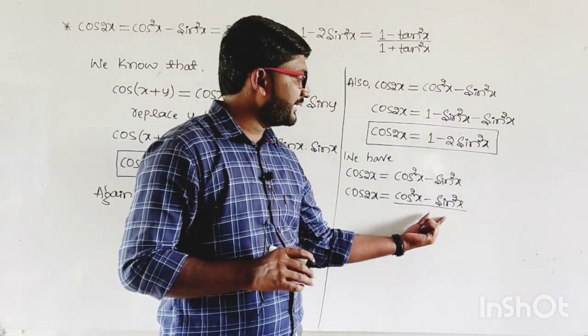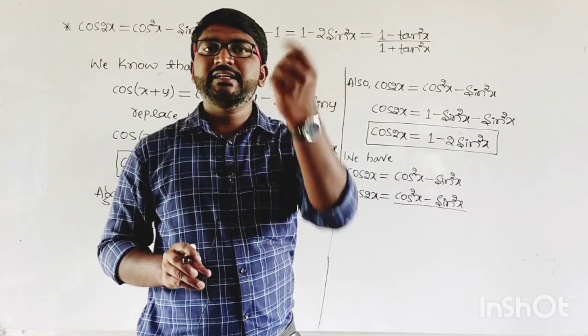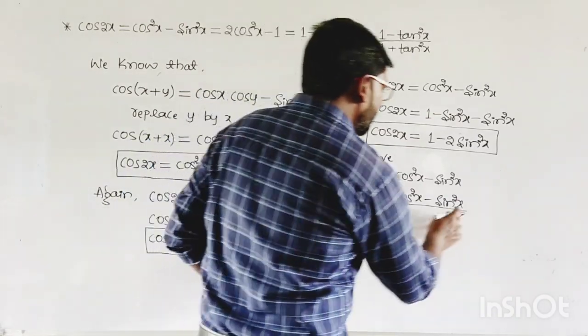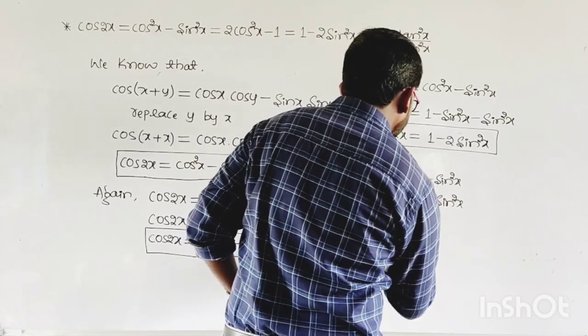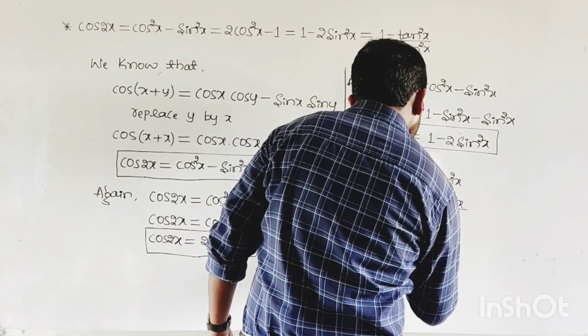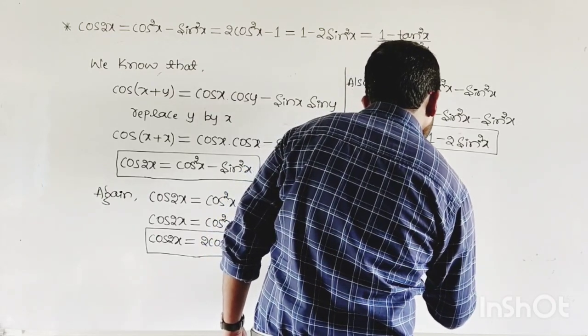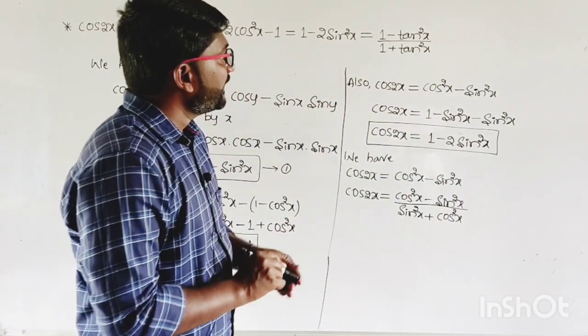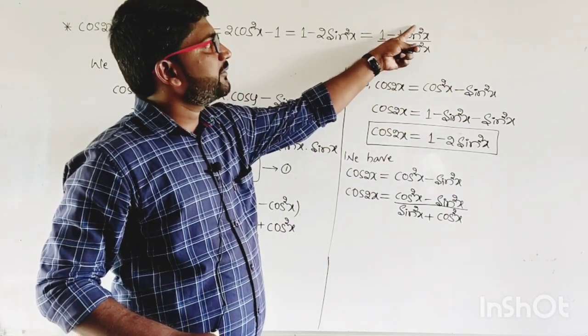That 1 we can write as sin square x plus cos square x. So in place of 1 I am going to write sin square x plus cos square x. Now see here, now here we want 1 and here we want tan square x.